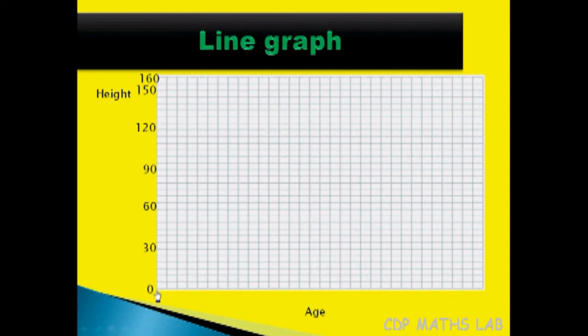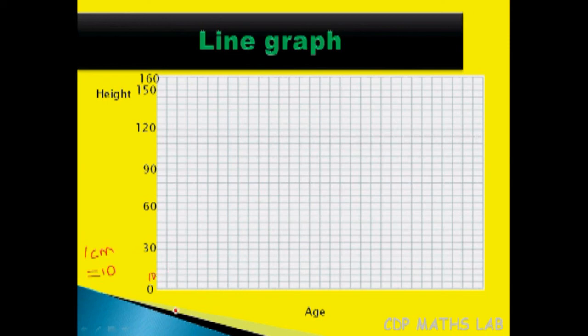Now the scale that we're using on the vertical side of the graph itself is that for every 1 centimeter we have 10 units. So for every 1 centimeter, that will be equal to 10 units, or 10 centimeters rather. So from here to here is 10 centimeters.